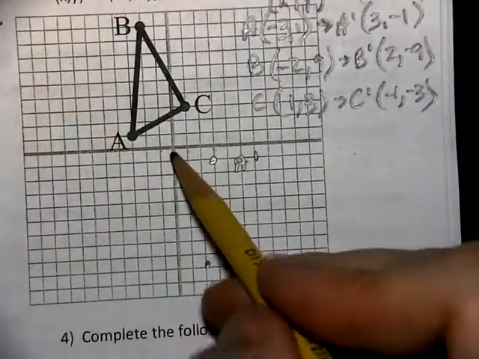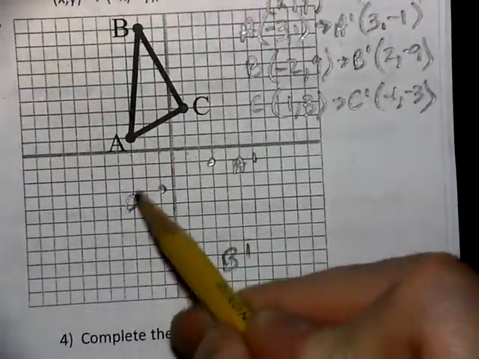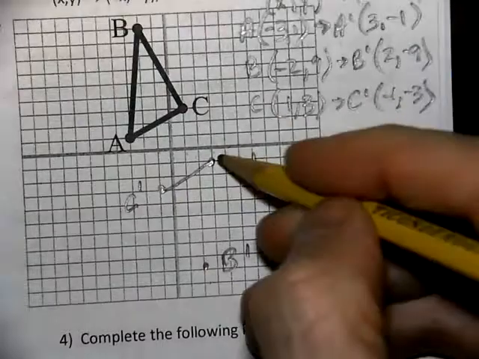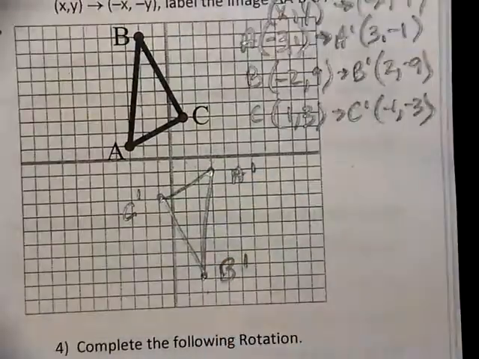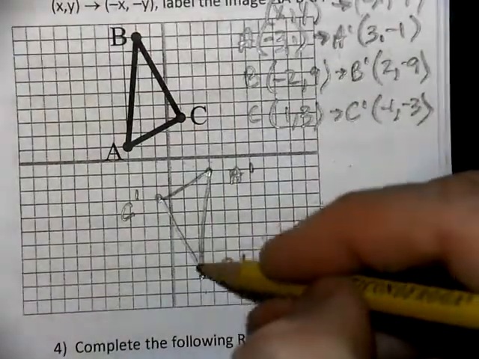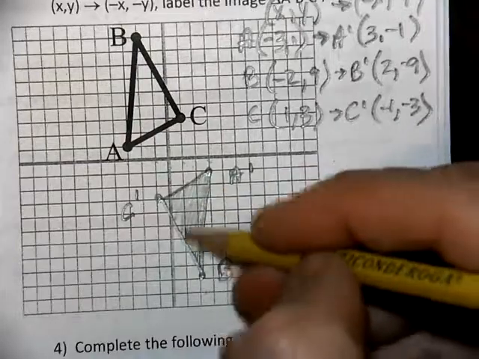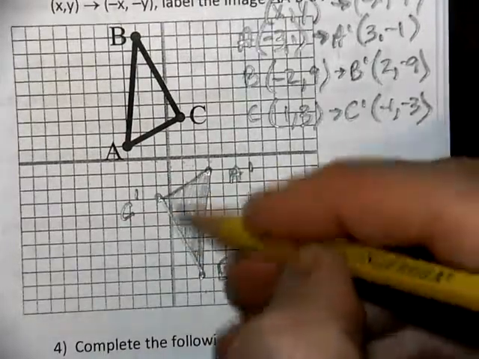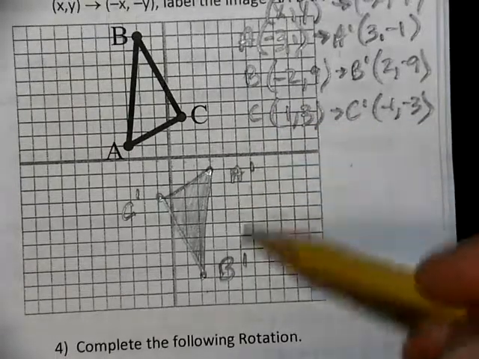That's B prime. And negative 1, negative 3 is C prime. Sometimes we like to shade in our image for easy identification when you're looking at a picture for the first time. You need to have the prime marks on there.